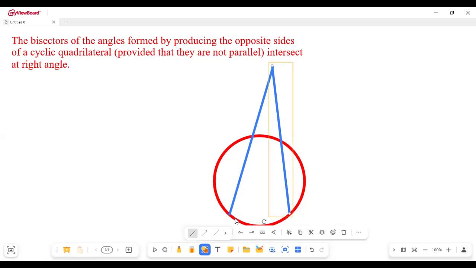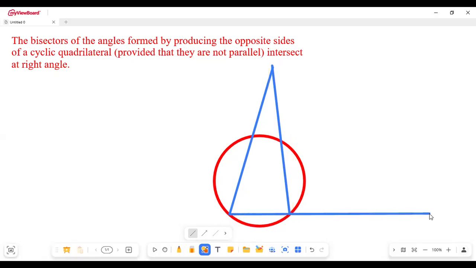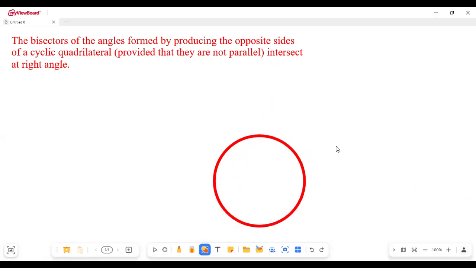This one we extend to a part over there, and this is the side which passes through this. Let us draw this one and this over here.